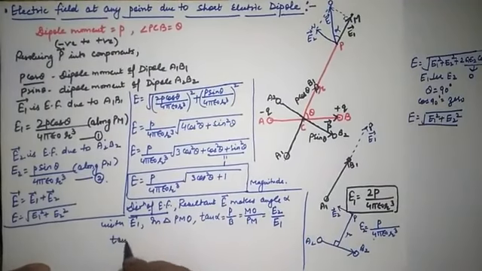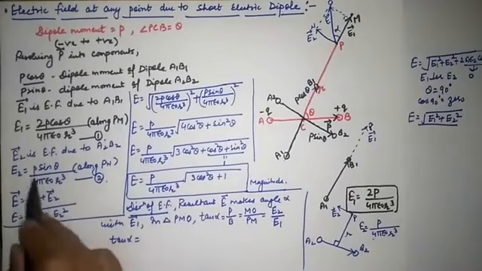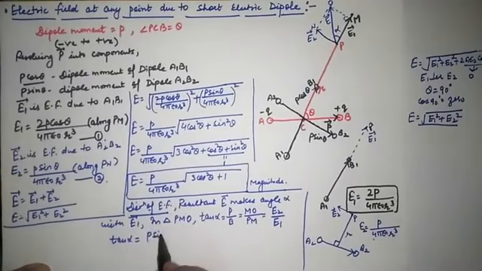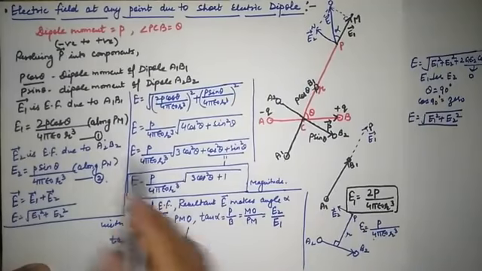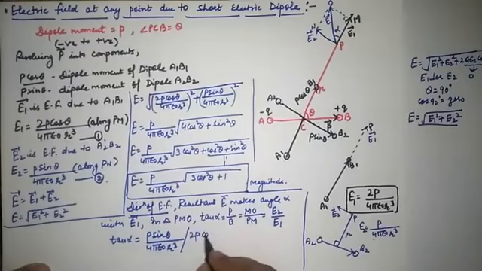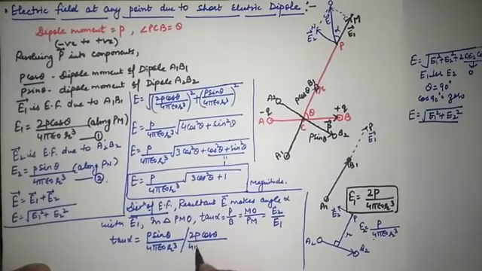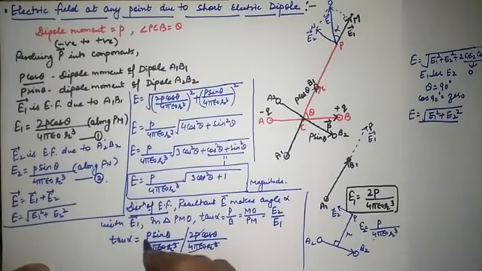We can put values. So tangent alpha is equal to E2, what is E2? p sin theta upon 4 pi epsilon naught r cube, upon E1, that is 2p cos theta upon 4 pi epsilon naught r cube. This 4 pi epsilon naught r cube is cancelled out. p is also cancelled out.